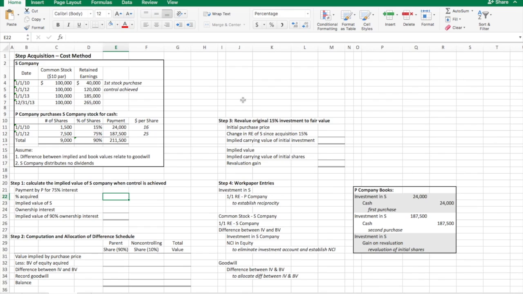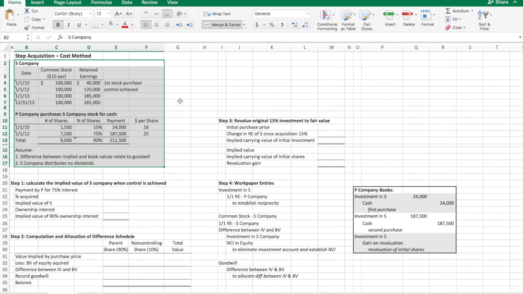So now we can go over a problem related to step acquisitions. I pulled this problem from one of the videos on the Farhat Accounting Lectures channel on YouTube, and this problem uses the cost method, and we're given all of this information about the companies.